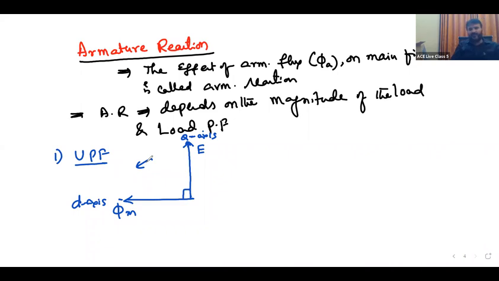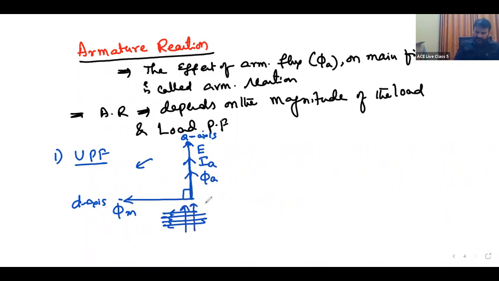Now, for unity power factor, current will also be in phase with voltage. Armature flux is also in phase with the current. This is the main field flux.